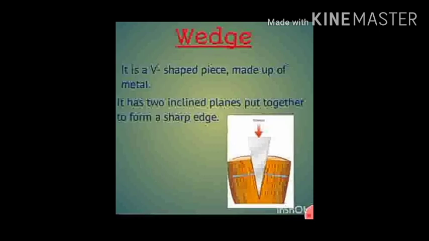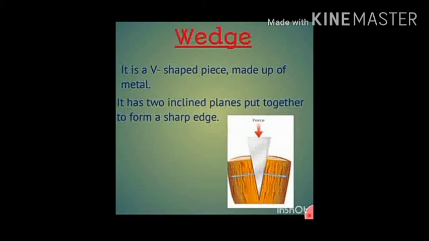Next thing is wedge. Wedge is a V-shaped piece made of metal. It has two inclined planes put together to form a sharp edge.